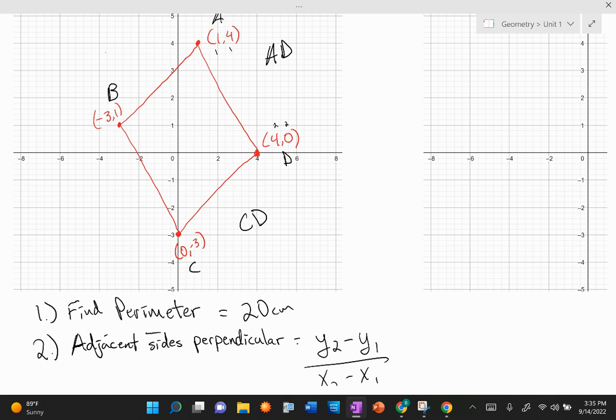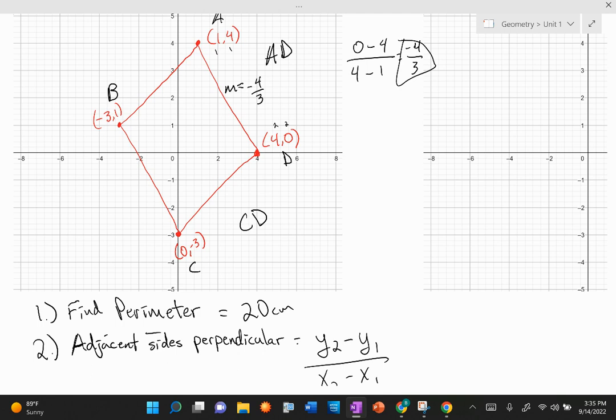So Y2 is 0 minus 4, which is my Y1, and then my X is going to be 2 minus 1, which is going to come out to be negative 4 over 3. Okay, so my slope for AD is negative 4 over 3.